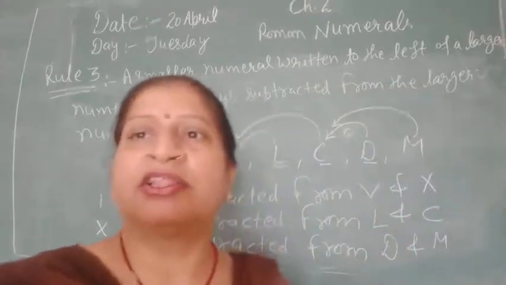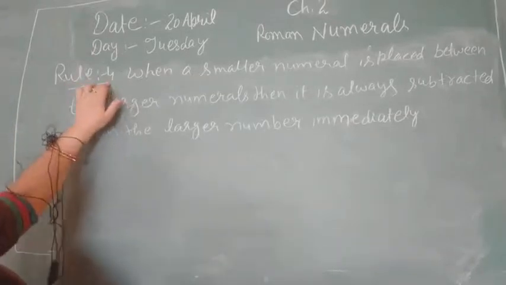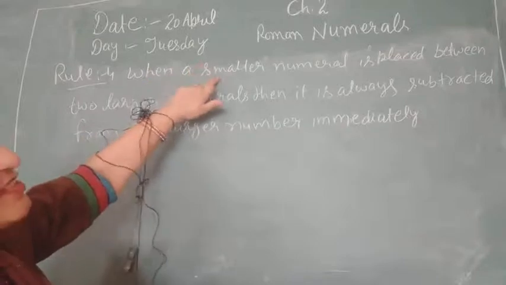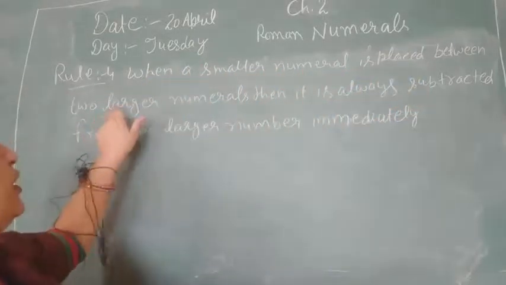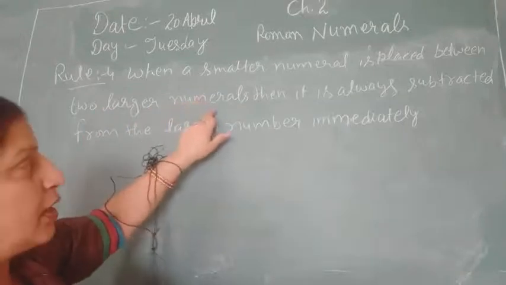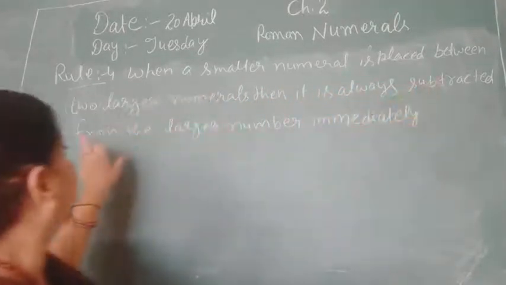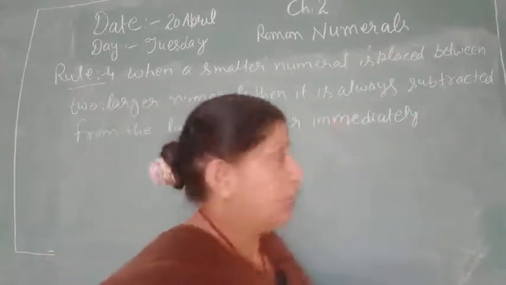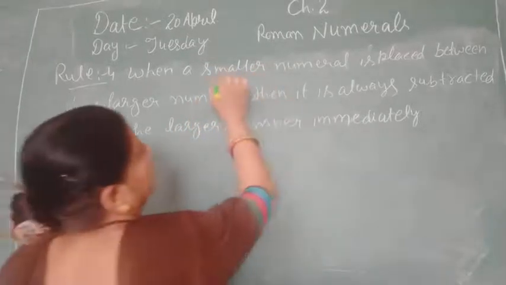Now we start our rule number 4, and in this rule it is given that when a smaller numeral is placed between two larger numerals, then it is always subtracted from the larger numeral immediately. अब यहाँ पर smaller number comes between.